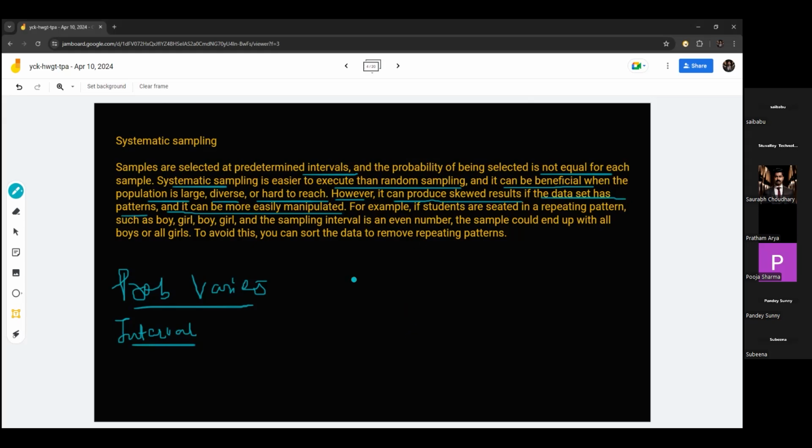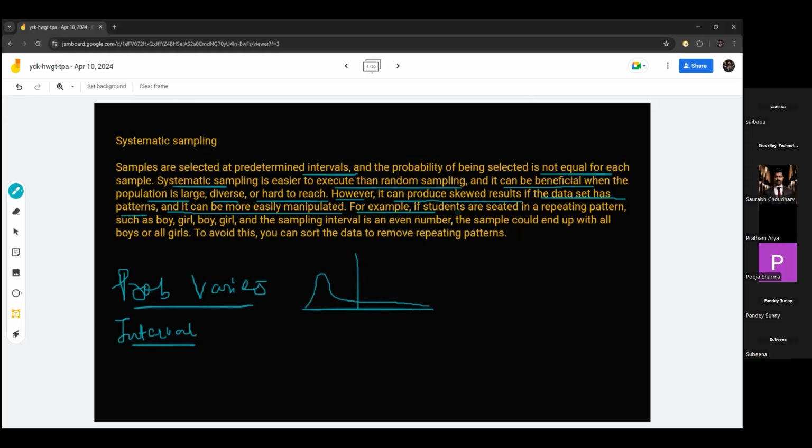Skewed means your data may not be a normal distribution. It could show a little bit of skewness. This is skewness.